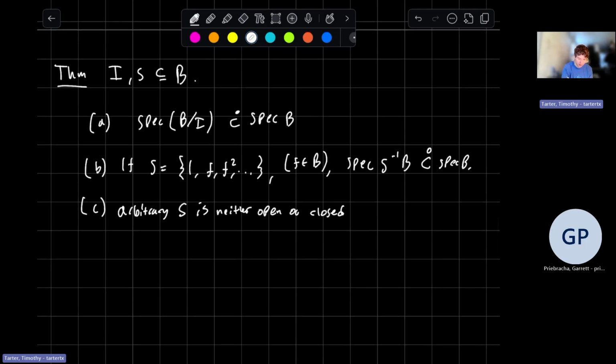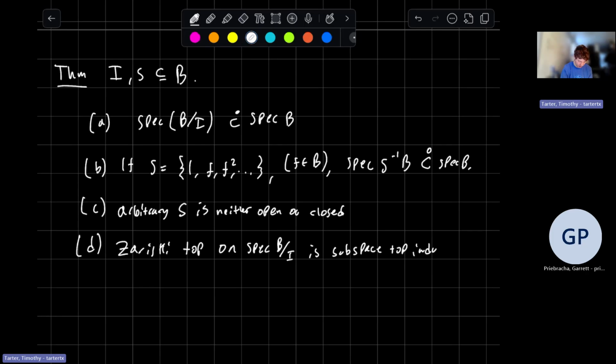And then the Zariski topology on Spec B mod I is the subspace topology induced by inclusion in Spec B.